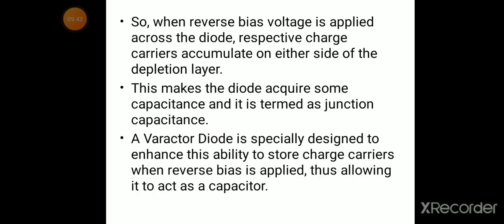So when reverse bias voltage is applied across the diode, respective charge carriers accumulate on either side of the depletion layer.